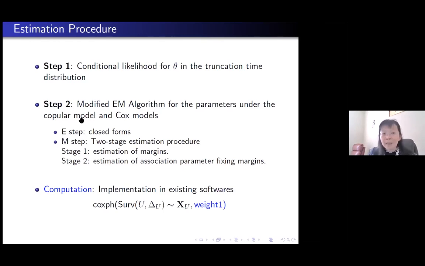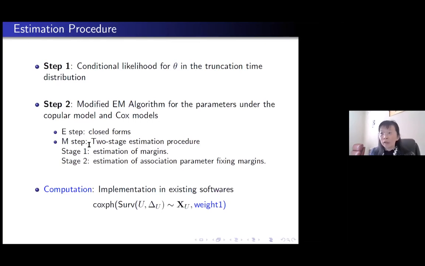So then in step 2, we use the EM algorithm to maximize the pseudo likelihood after plugging in the estimated theta from step 1. In the M step, it is still computationally non-trivial to maximize the expected log pseudo likelihood due to the non-parametric components.